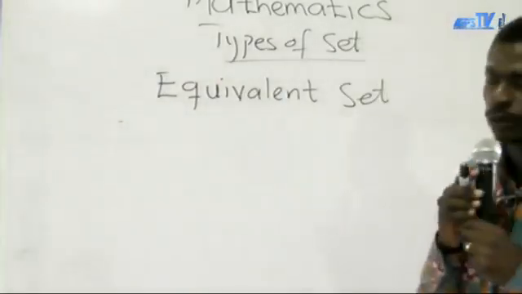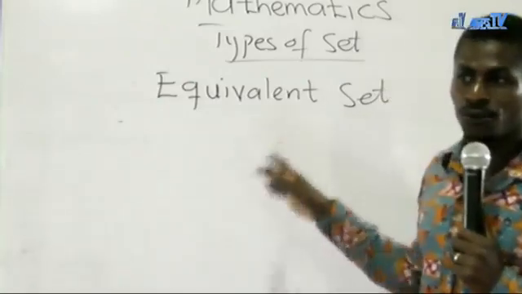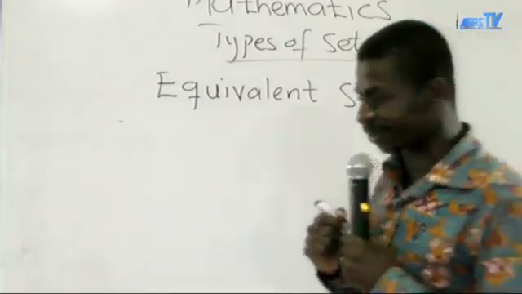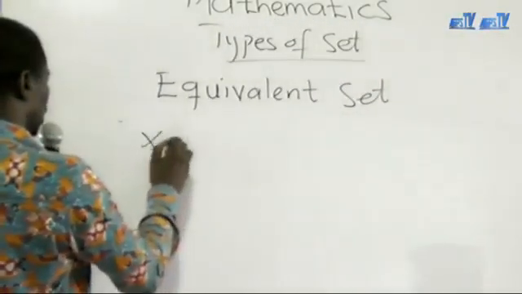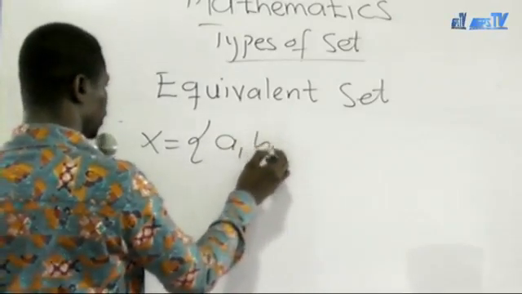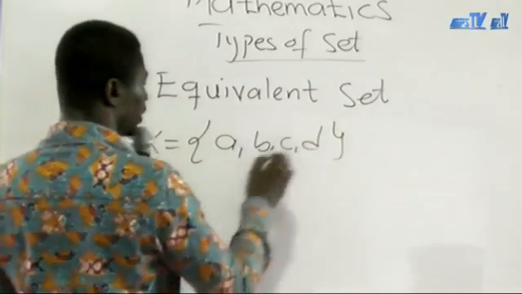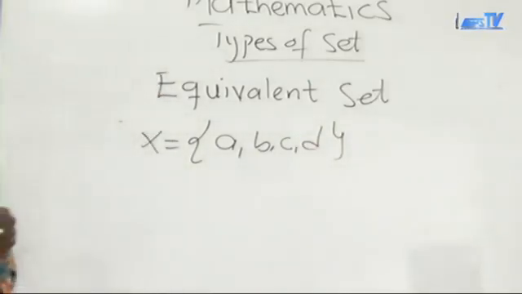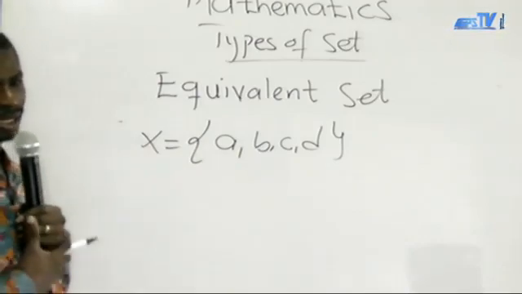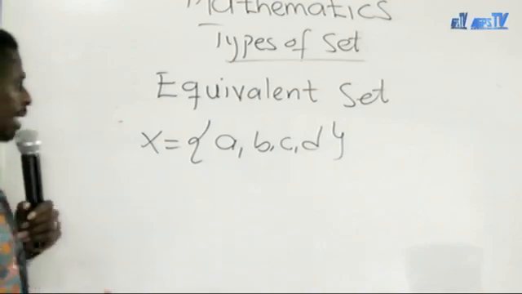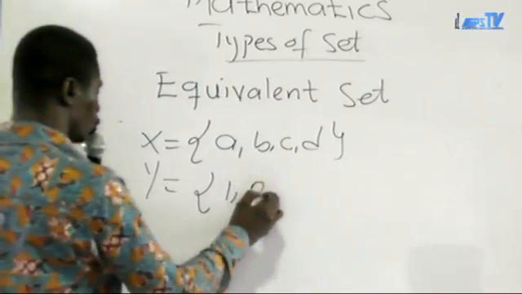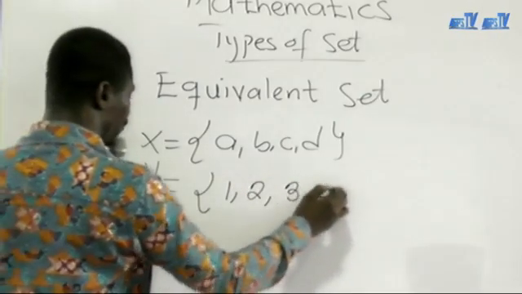Now, once again, I want to take you through an activity for us to draw our conclusions. So let's consider set X. Again, we have members A, B, C, and D for set X. Then I have set Y to be 1, 2, 3, 4.